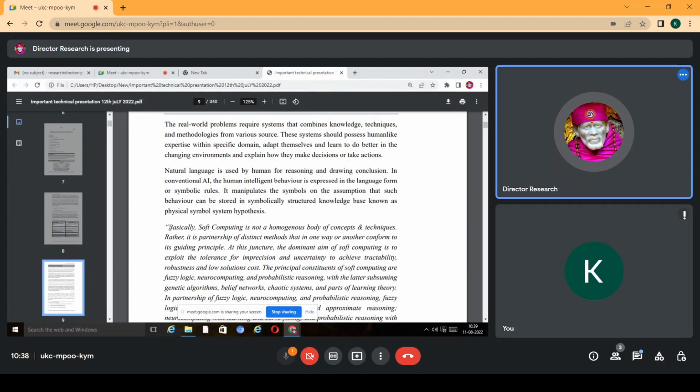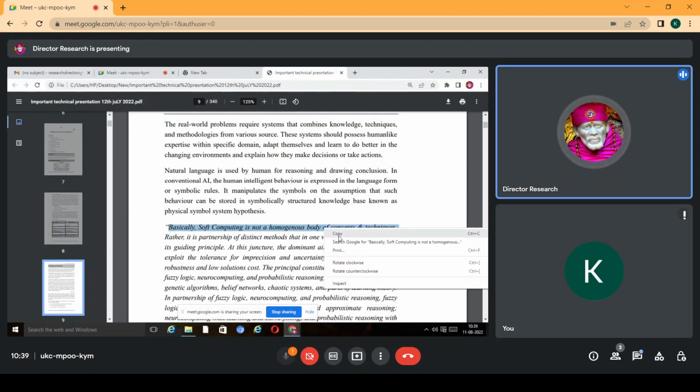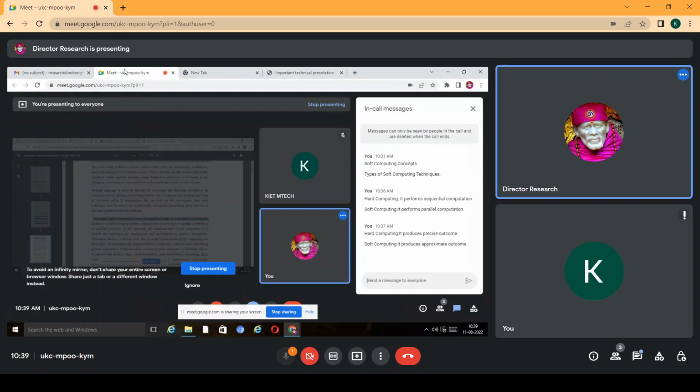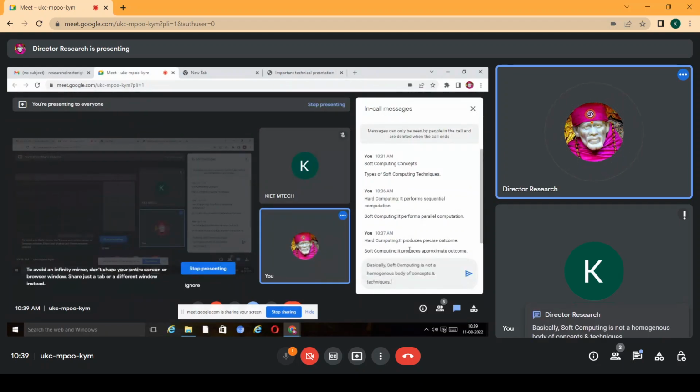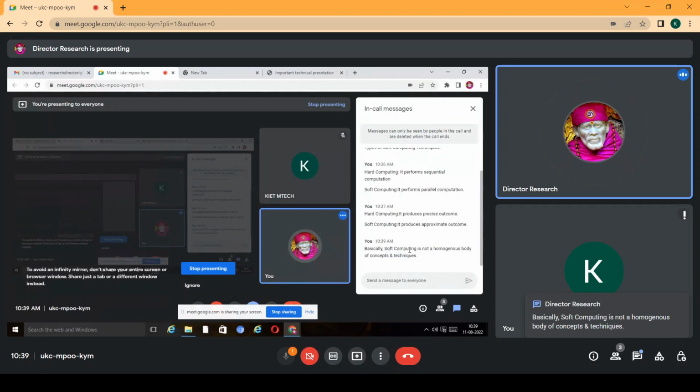Basically, soft computing is a heterogeneous body of concepts and techniques. Let's observe this line.